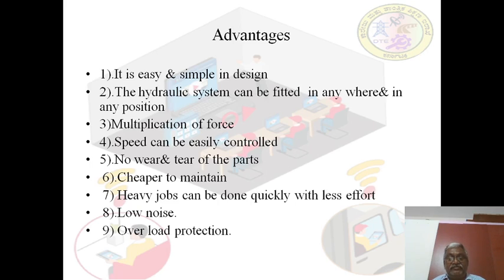In spite of better maintenance also, it is not possible to avoid wear and tear in mechanical system. But here there are no moving parts, and the oil itself lubricates the parts in hydraulic system. That's why there is no wear and tear of the parts in hydraulic system.